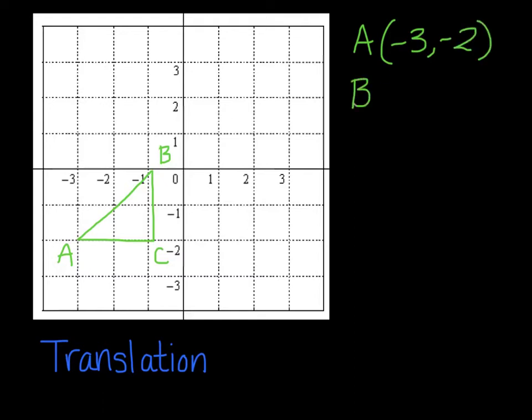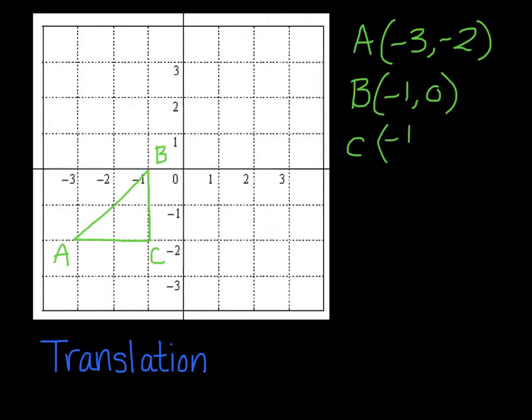B is going to start at -1, and I didn't go up or down, so -1, 0. And C is going to be at -1, -2. So these are my starting coordinates for each point.